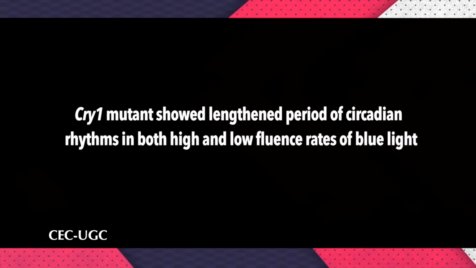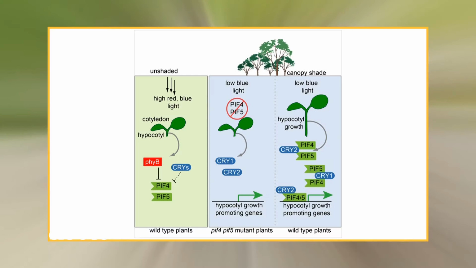For example, the CRY1 mutant showed lengthened period of the circadian rhythms in both high and low fluence rates of blue light. On the other hand, the CRY2 mutant has a slightly shortened period in low fluence rates of blue light. The CRY1 CRY2 double mutant showed a longer period under the fluence rates of blue light.